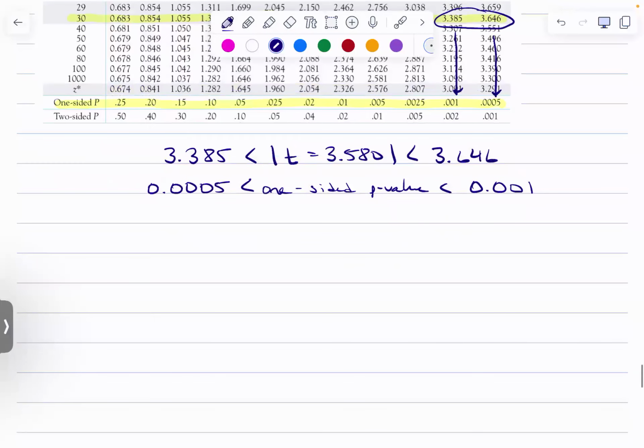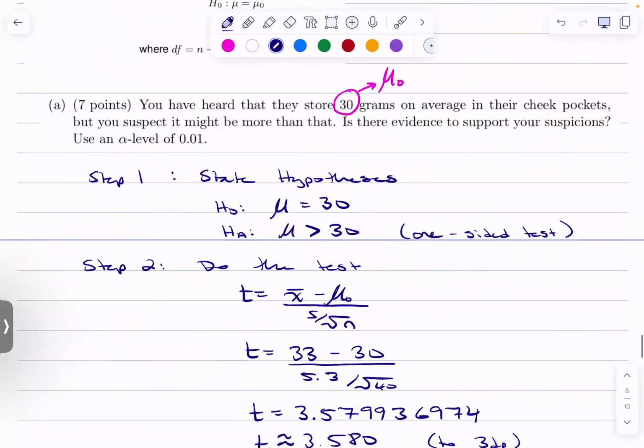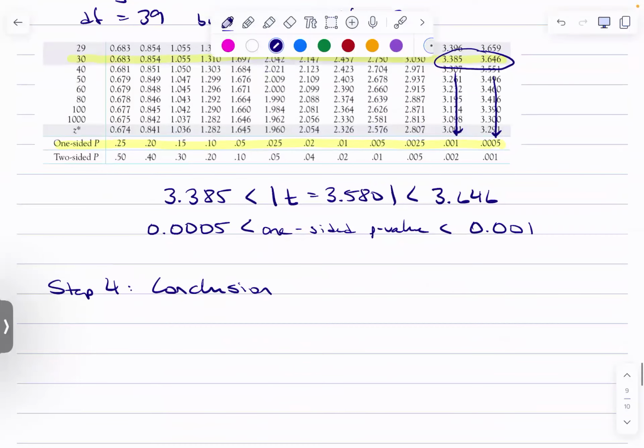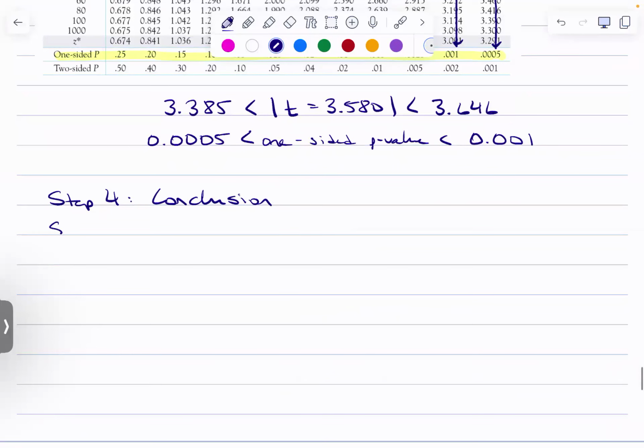Time for our conclusion. I'm cutting it close, I know. Still have time though. Just going to remind myself, use an alpha level of 0.01. So here we go.